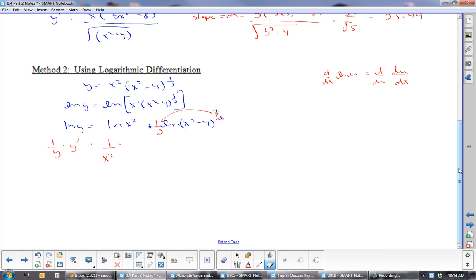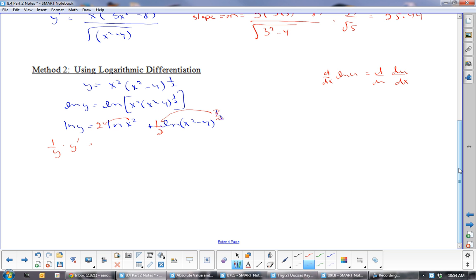Oh, what am I thinking? I should have got my 2 down here for this one as well. Yeah, get rid of exponents, or else you've got to do your chain rule, and you probably get the same thing anyway.